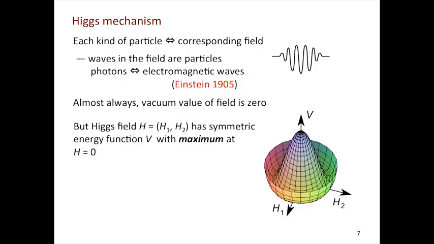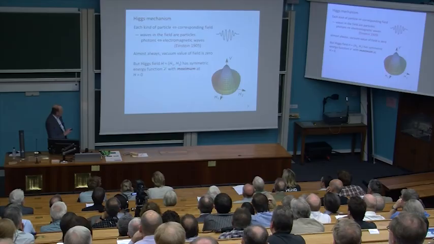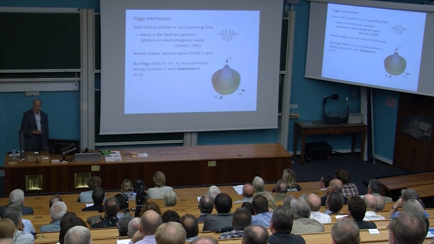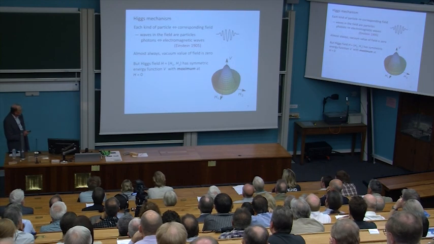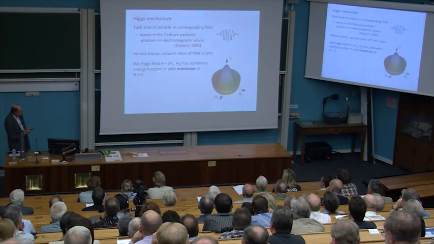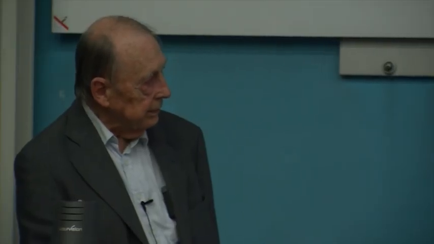It has a different characteristic. It has two components, actually, or you can think of it as one complex field, if you like, H1 plus iH2, and it has a symmetric energy function. This is called the sombrero potential for obvious reasons.